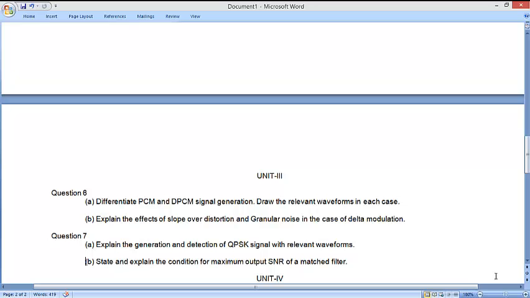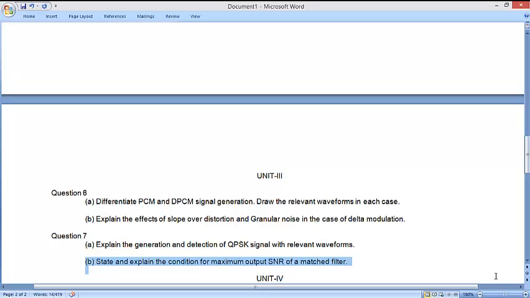Moving on to the next question, state and explain the condition for maximum output SNR of a matched filter. For this question you have to consider a system with a known input, an impulse response and additive white Gaussian noise of mean 0 and power spectral density N0 upon 2, and correspondingly you have to calculate the largest output signal to noise ratio with reference to the sampling time.